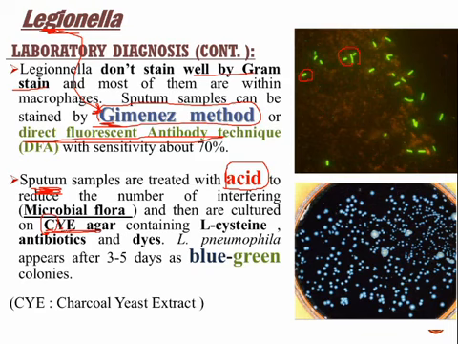Yeast extract is just a nutrient that the bacteria use to grow. It contains L-cysteine, another nutrient, antibiotics to make the medium selective, and dyes. Due to these dyes, when Legionella pneumophila grows, it gives blue-green colonies, as we can see here. The greenish color is not very evident, but the blue color is more evident.